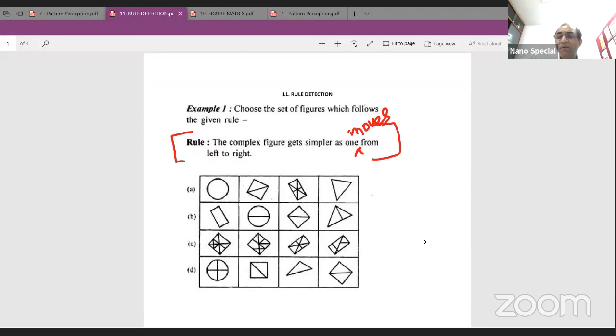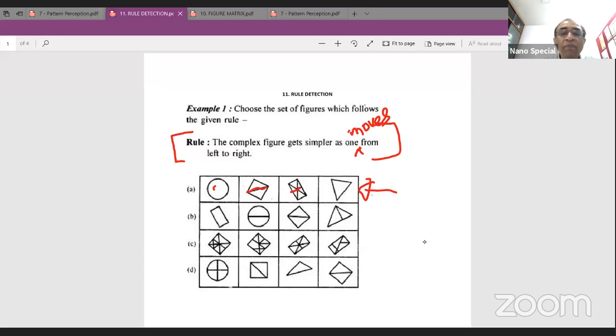So we are looking at a figure, a complex figure gets simpler as one moves from left to right. Okay, so it gets simpler. Now let's look at option A. What's happening is you started with a circle. Circle is the simplest of figures. Then you complicated it by having a square with a diagonal, and then a rectangle with a diagonal and another line bisecting.